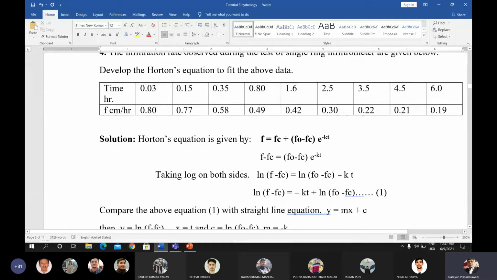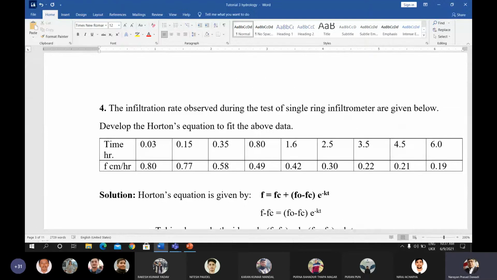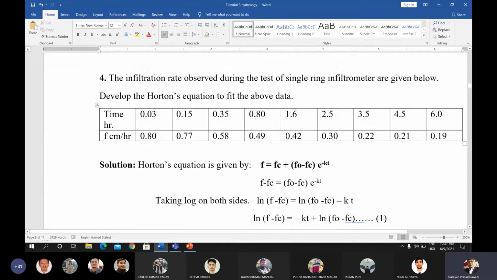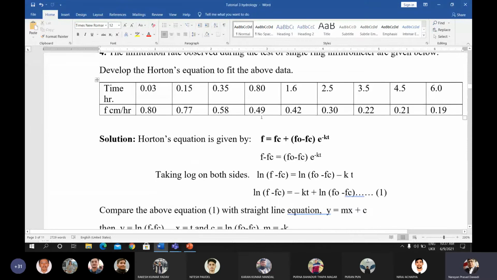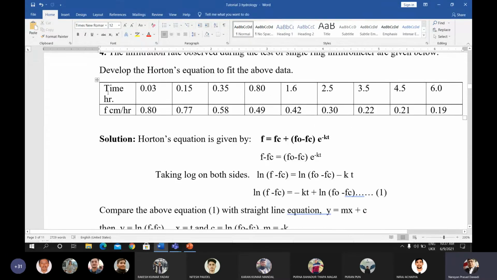Now for question number 4, the infiltration rates observed during the test of a single ring infiltrometer are given below. Develop Horton's equation to fit the above data. I will have to find the Horton's equation. The observation is done from 0.03 hour to 6 hour.